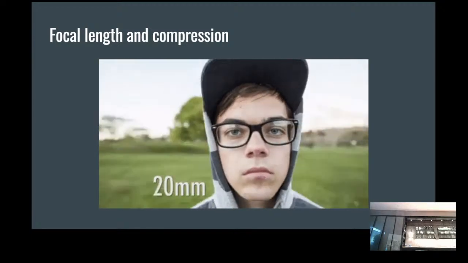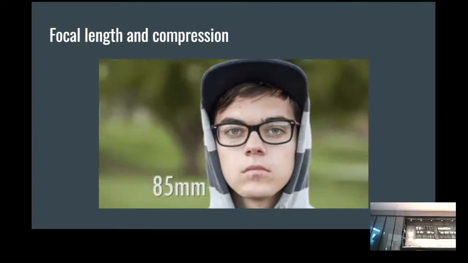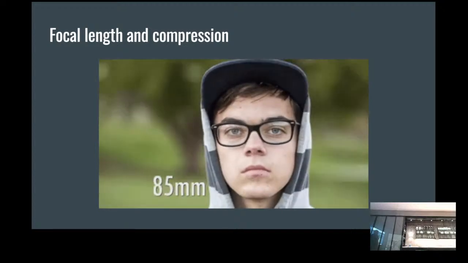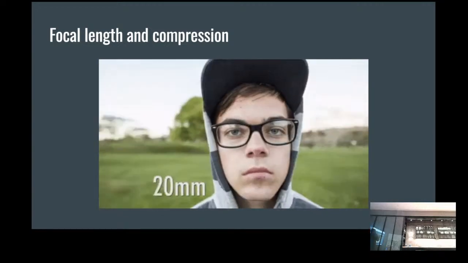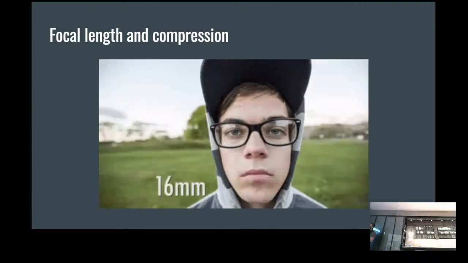So the subject matter is in the same spot, and that background is even closer up on them. As we then go to a lower number, we are pushing that background further, and we're keeping our subject matter in front of us. That's the compression that we're getting between background and foreground relationship as we change that number.